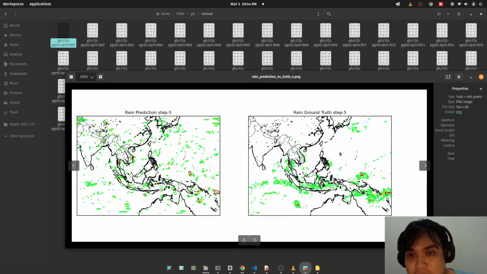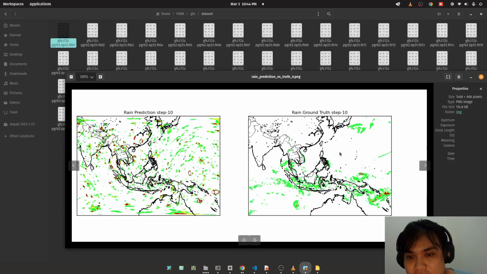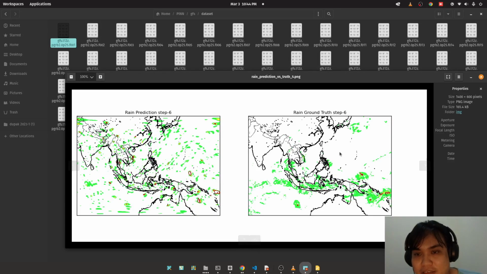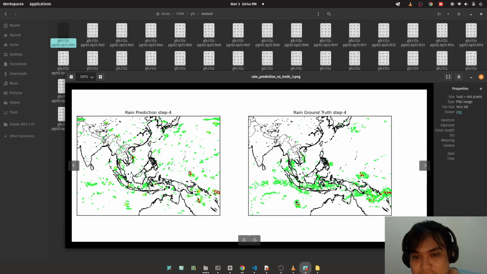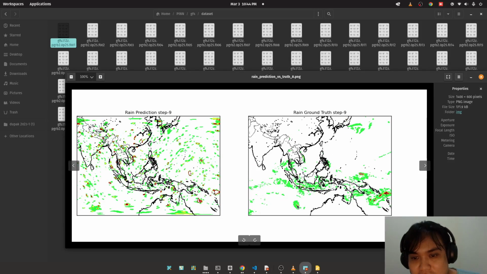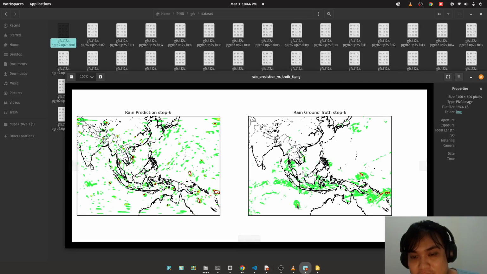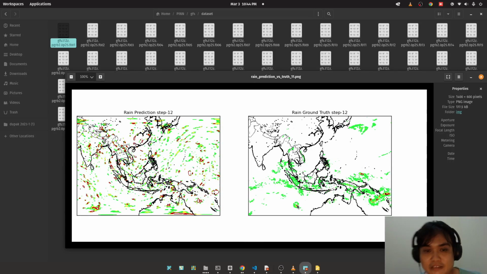If you look at the rain ground truth in here, there is some flow right here, especially in here. There is something like a cyclone, so there's some flow in the ground truth data.